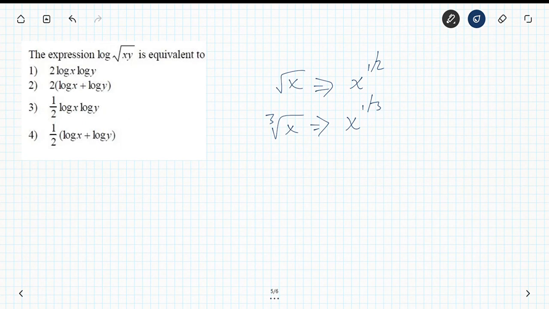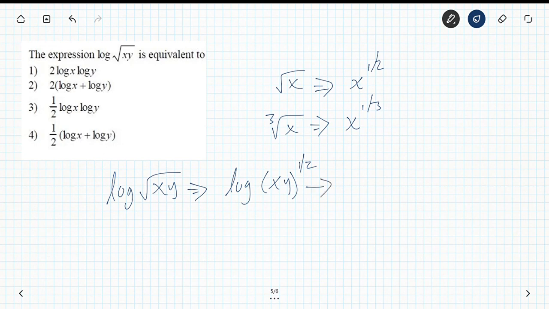Now, we can write this log of the square root of xy as the log of xy to the 1/2, okay? And we can put both to the 1/2 because they're being multiplied and they're inside the square root. Now we can also write this as 1/2 the log of xy.